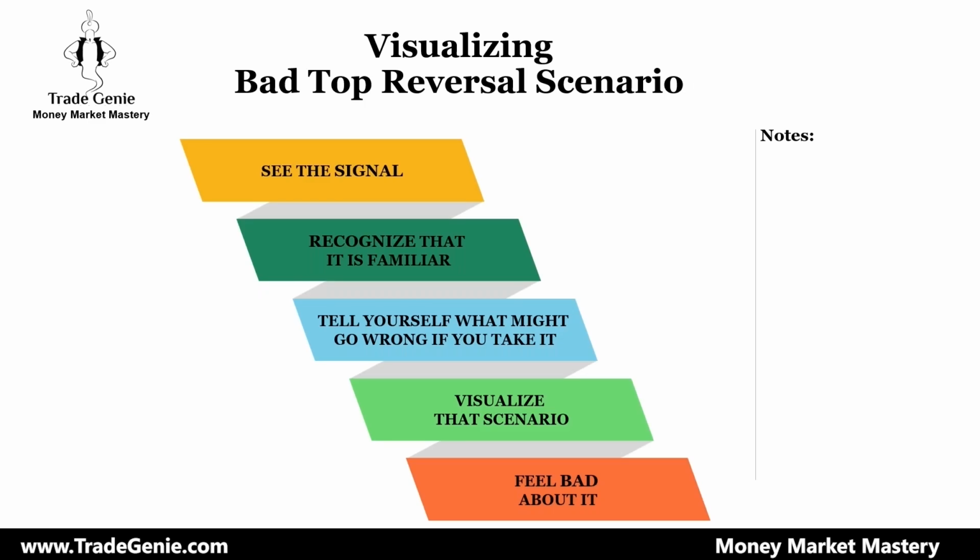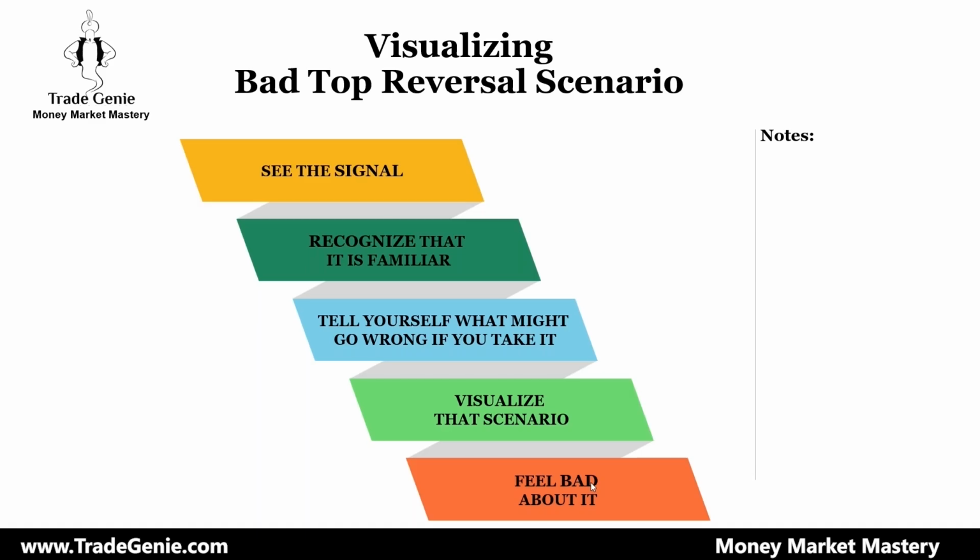So now visualize it. You're seeing the signal, you recognize it's familiar, then you're telling yourself what might go wrong if you take that signal, and you don't do anything, and it was a good one, because you're visualizing all the bad scenarios, you're feeling bad about it.